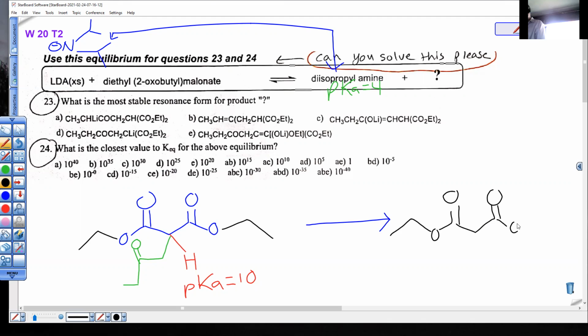Initially, it looks like this, but this is by no means the best resonance form. And there's an anion here. And remember, I just talked about why, if you're resonating, it's nice to be able to resonate with both carbonyls, but it's best to resonate, well, they're both esters.